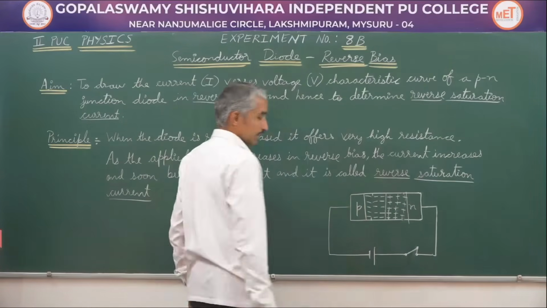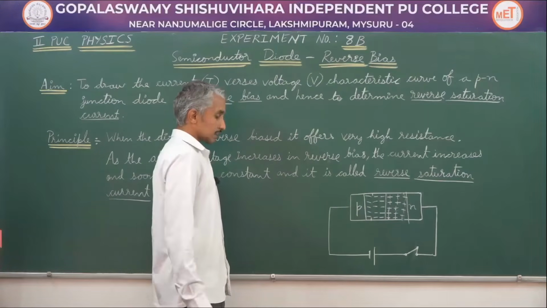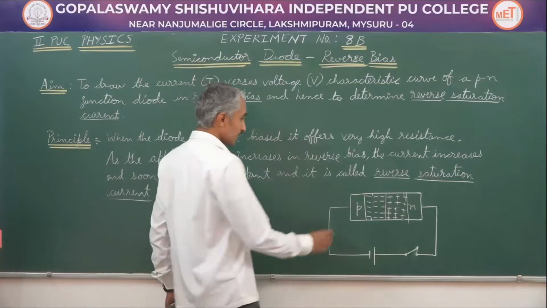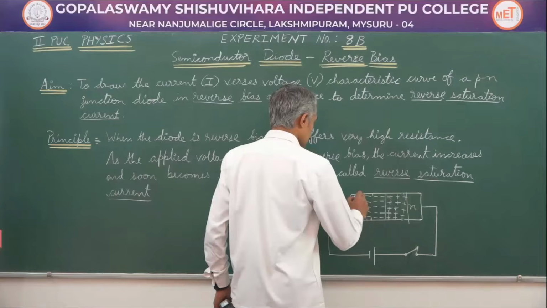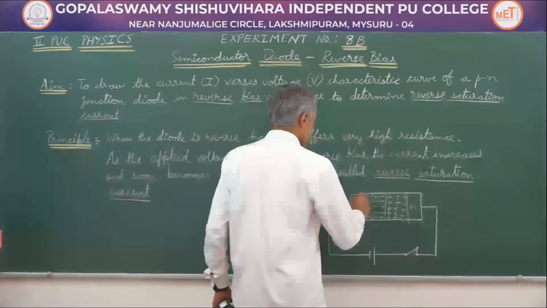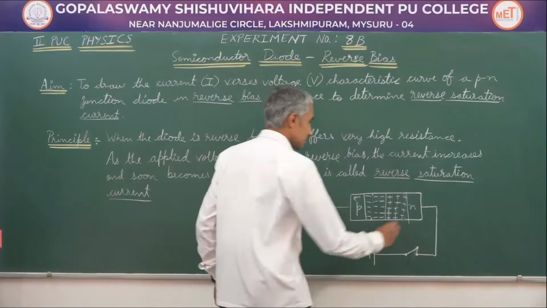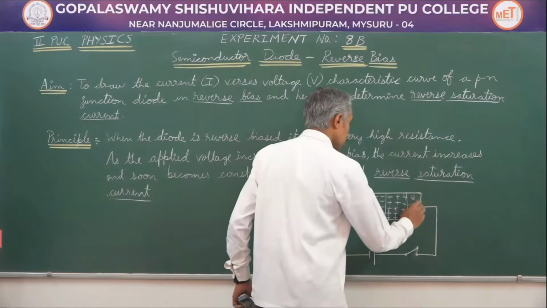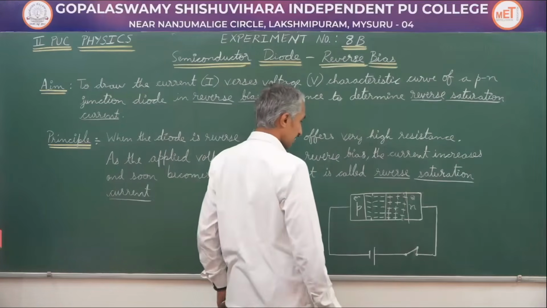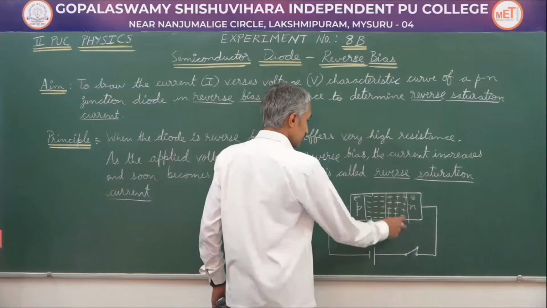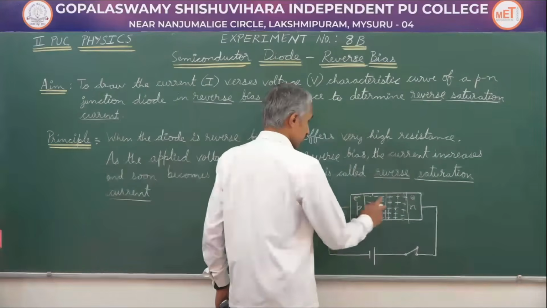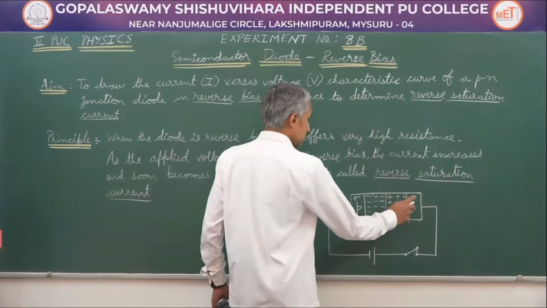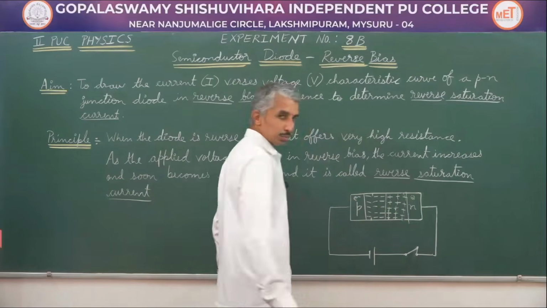Even in this case yet, there will be flow of current which is due to minority charge carriers. We will be having small amount of electrons on P side and holes on N side as minority charge carriers. This potential on either side of the junction pulls the electron onto N side and the hole onto the P side.